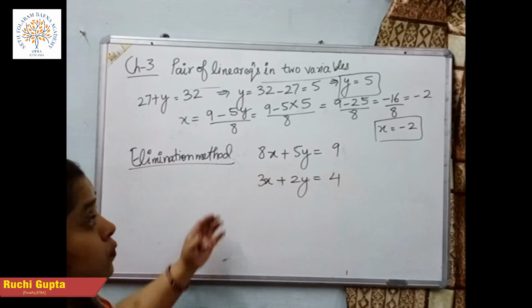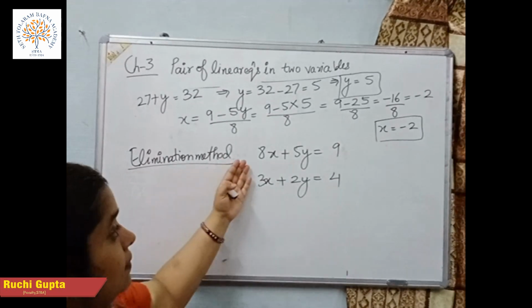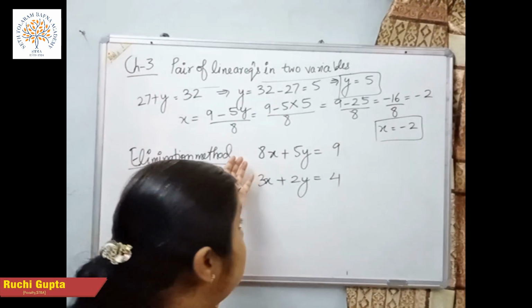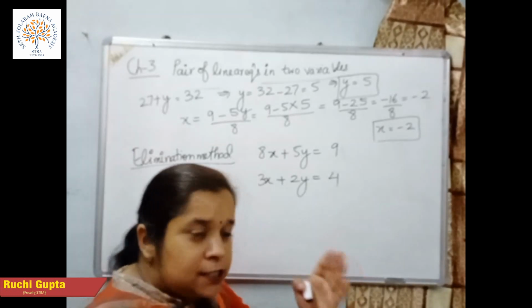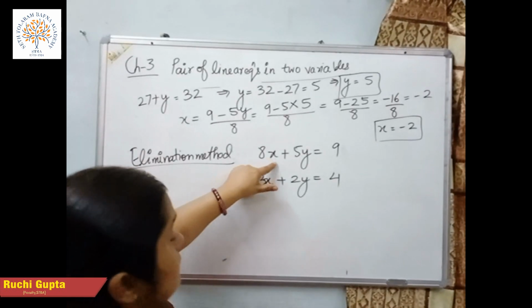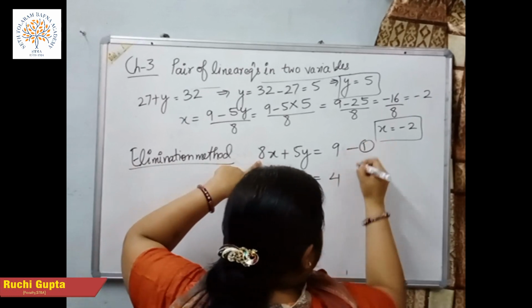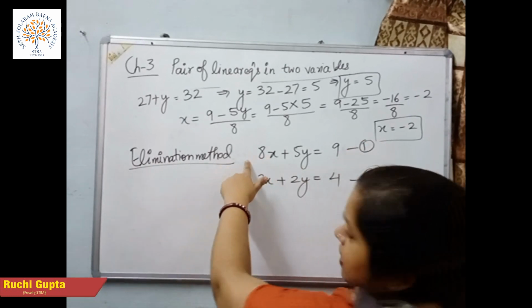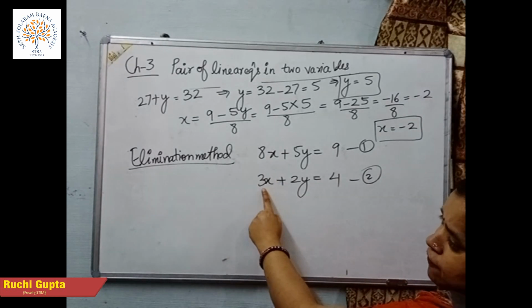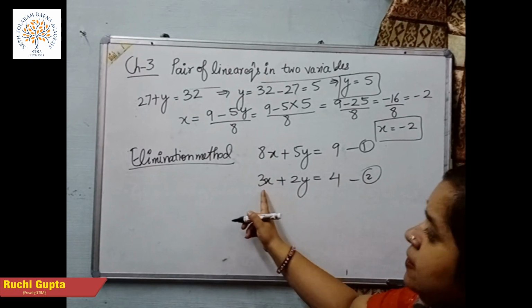Now I have told you that in the elimination method we have to eliminate, means we have to cut either x or y. Okay. The coefficient of x in the first equation is 8 and the coefficient of x in the second equation is 3.